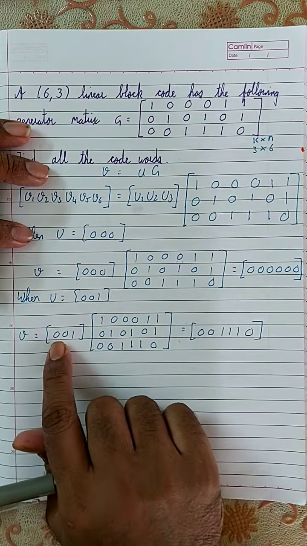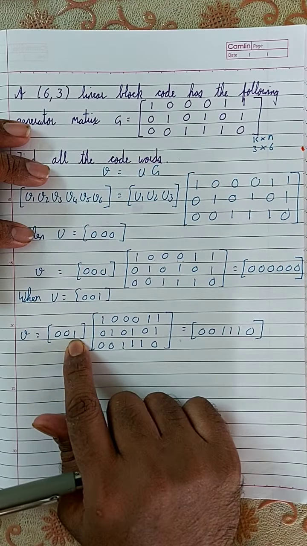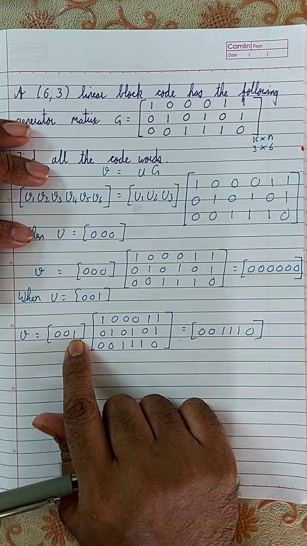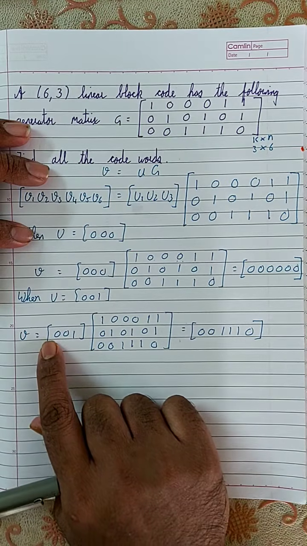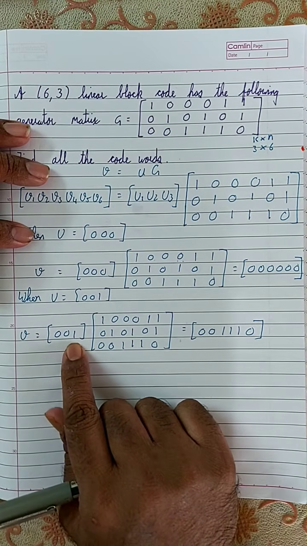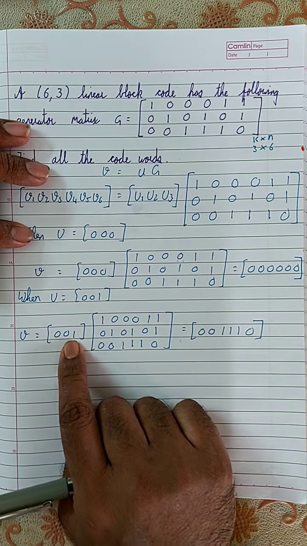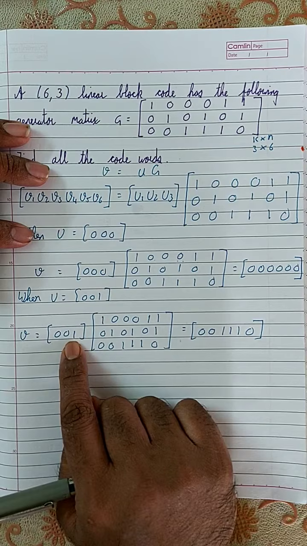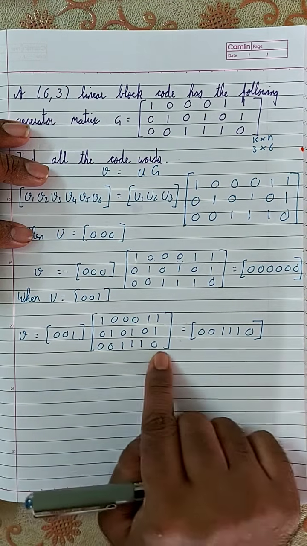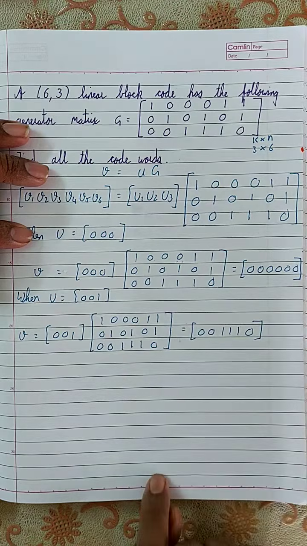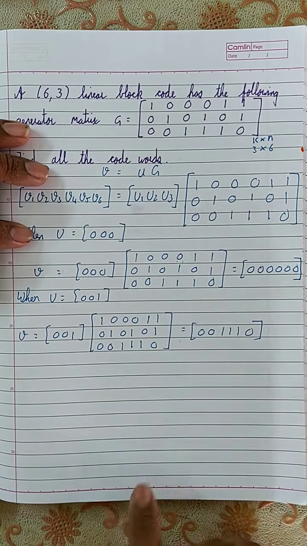Since this is the third element, only the third element is 1. If the third element is 1, then all you need to do is simply copy the third row. The third row will be the answer. That's what it means. Very easy, right?